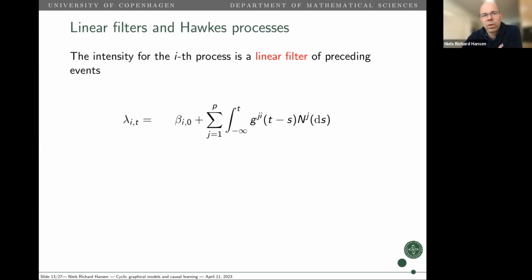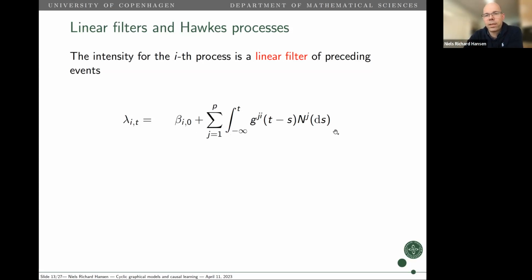Specific models could look like Hawkes processes. These are very popular models. They're based on linear filters of what has happened up to a given time point. So the intensity for the I coordinate could be written out as this linear filter. We have a baseline intensity giving a baseline rate for the spiking of a neuron.